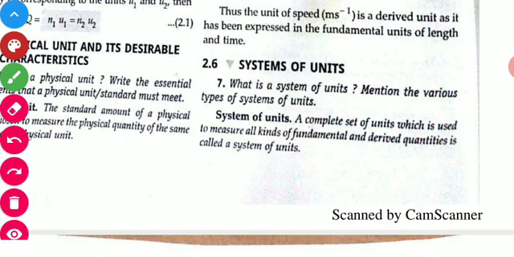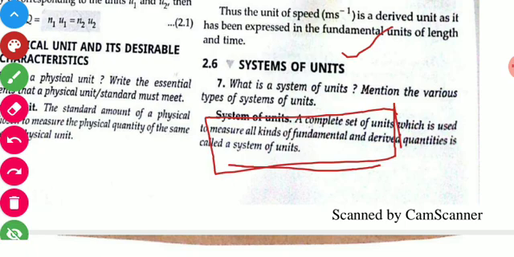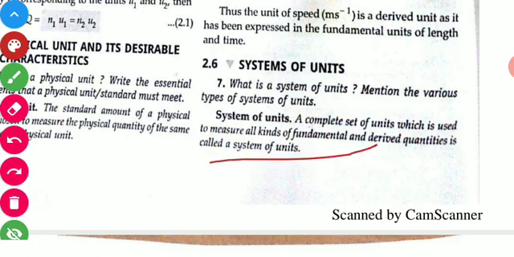So basically, there are three systems of units. The system of units is a set of units. These are the units to measure the fundamental quantities and derived quantities. What units we use for those fundamental or derived quantities, we make a set of them.